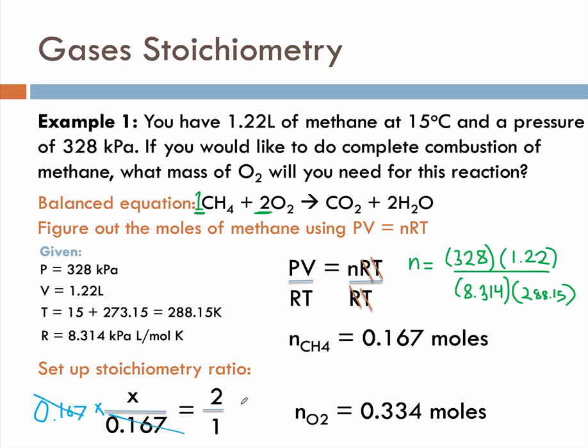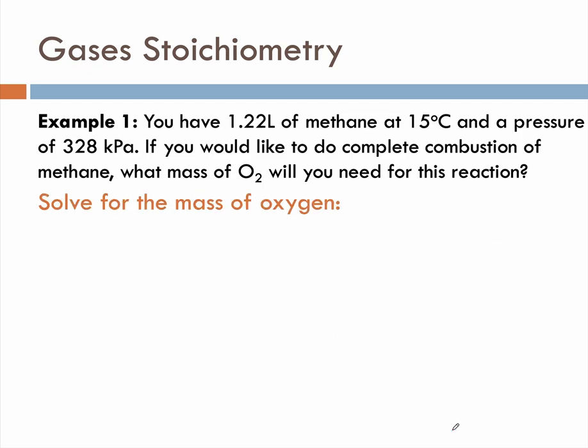Kaboom! And we'll multiply this side as well by 0.167. So that's how I get that number right here, the moles of oxygen, which is 0.334 moles. Now I'm writing down these numbers rounded off, but I'm keeping all of these in my calculator, right? As I go through, I'm not going to actually round off until the very end. So you're holding the whole number in your calculator.